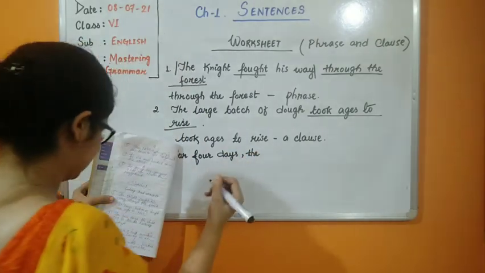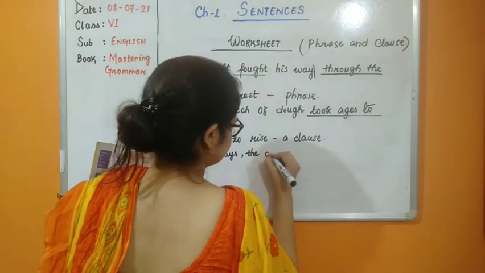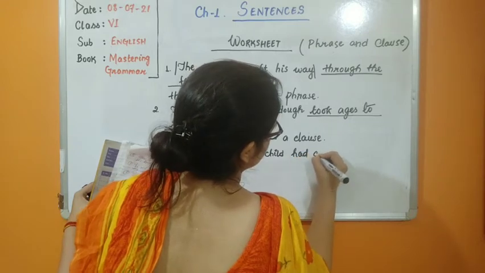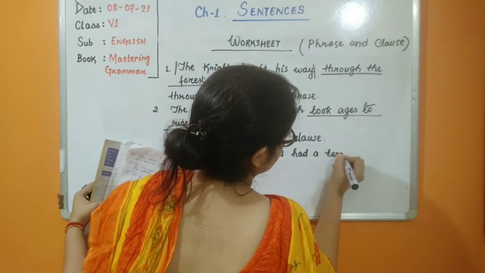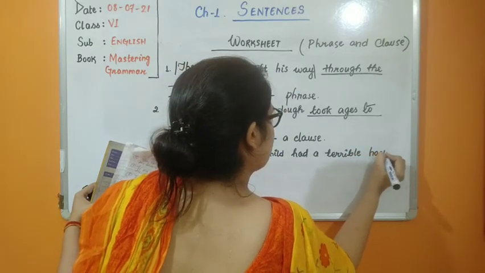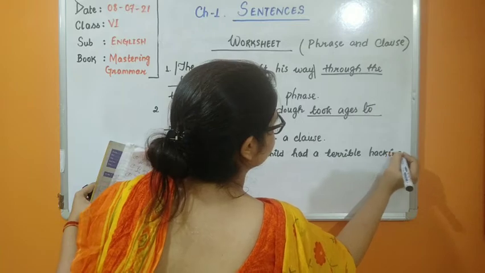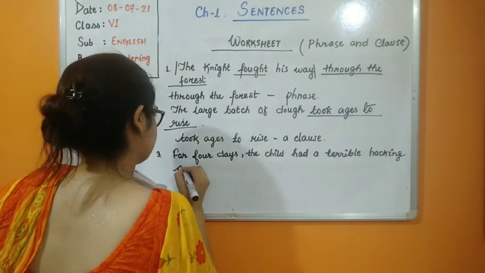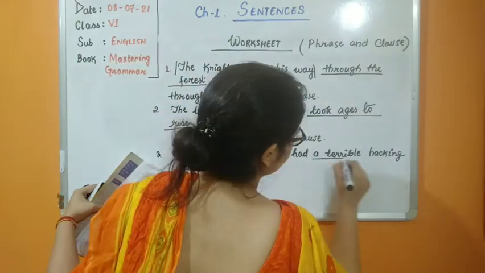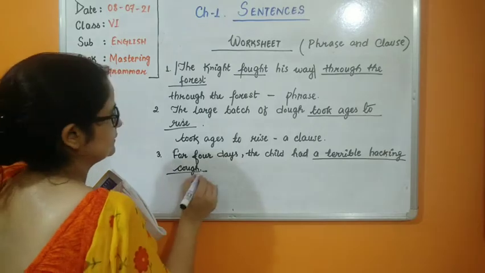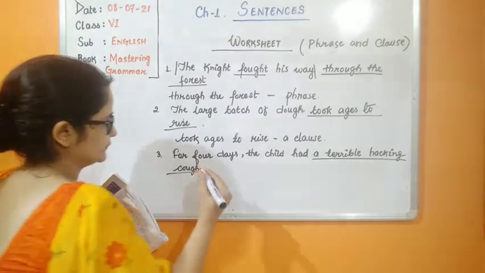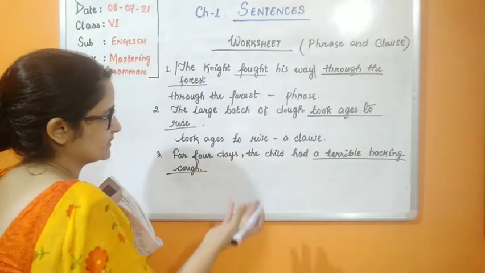Okay, so the underlined group of words here is a terrible hacking cough. So these are the words that are underlined.